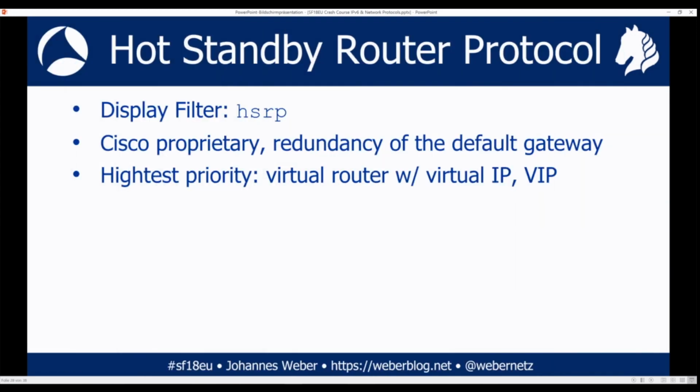Next protocol. We are Cisco proprietary here. That's the Hot Standby Router Protocol, HSRP. That's a protocol for redundancy of the default gateway. When you have redundancy for routers, then you are talking routing protocols such as BGP or OSPF or EIGRP, for example. Then your routers can have your forwarding path.